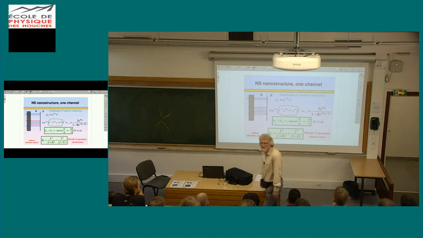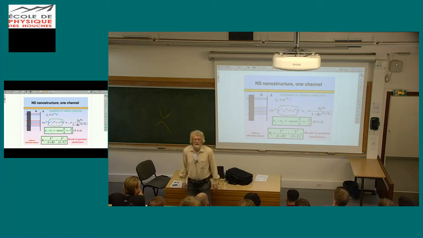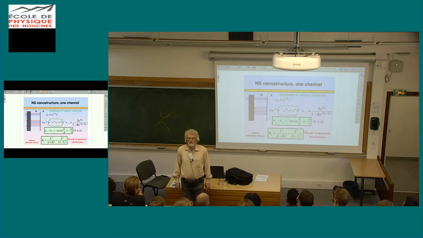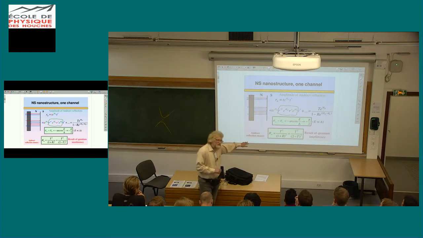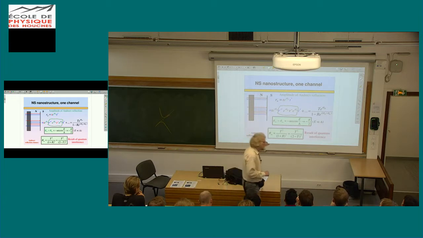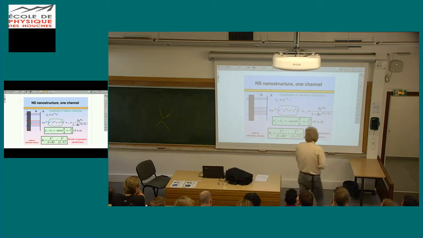It could be any superconductor on the side. It could be a nanostructure made from copper, wood, or whatever. It could be even bilayer graphene. In any case, the Andreev reflection chance is related to the transmission coefficients for the structure.